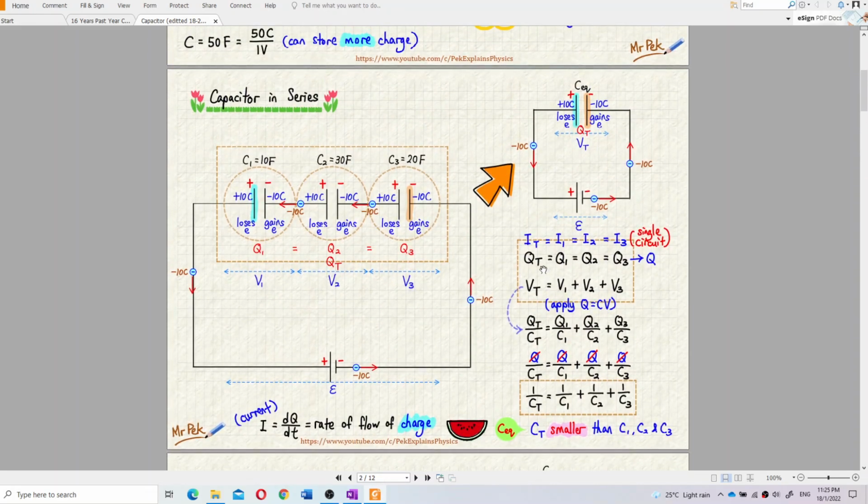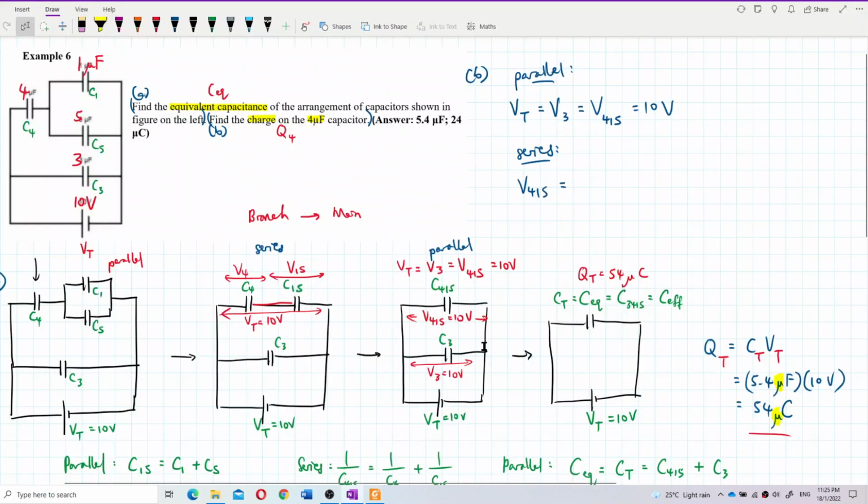If series, the voltage is added: V1 plus V2 plus V3, plus together all the voltages. So V415 is V4 plus V15, which is also 10 volts.